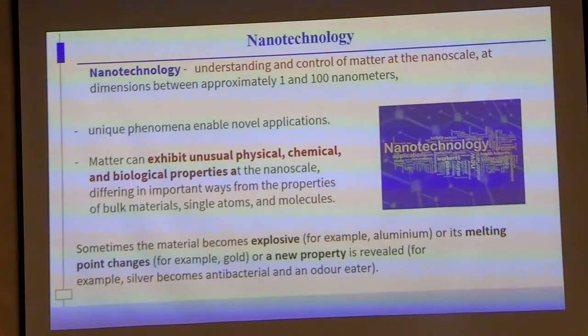When you go at nanoscale, the melting point of gold is not that whatever we have at bulk scale. And some new property, for example, antibacterial for the silver. At nanoscale, that property exists, but in bulk, that's not. So at nanoscale, a lot of new properties can be observed.